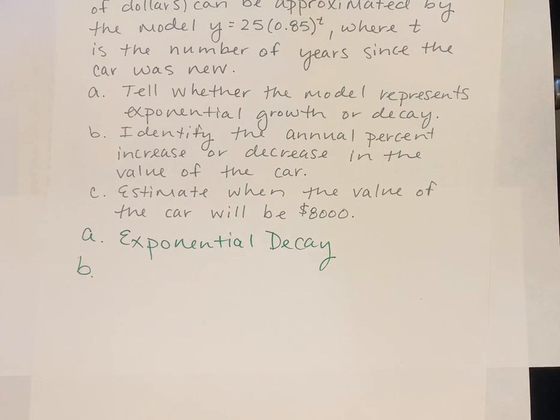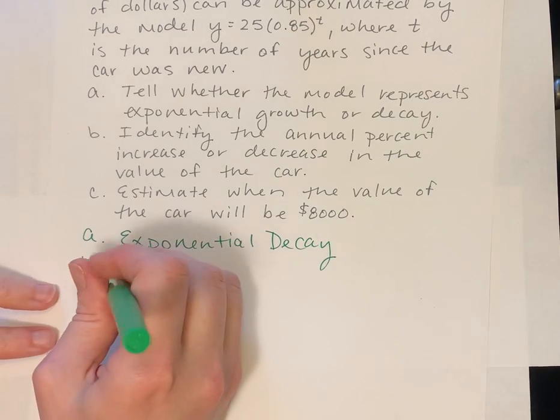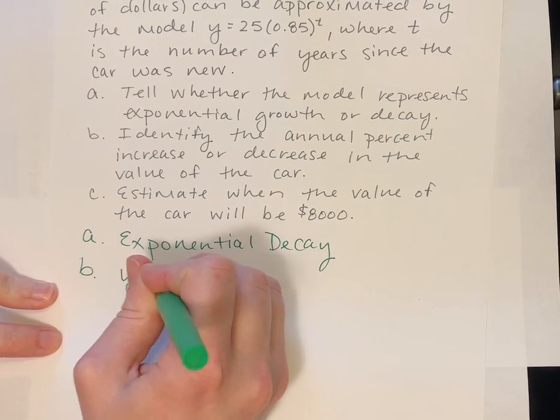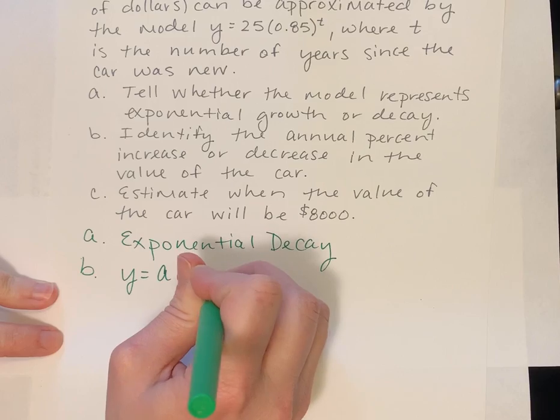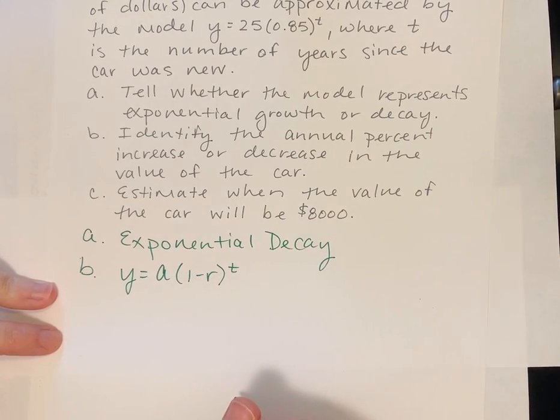Part B, identify the annual percent increase or decrease in the value of the car. So if you remember, our formula for exponential decay was y equals a times 1 minus r to the t.